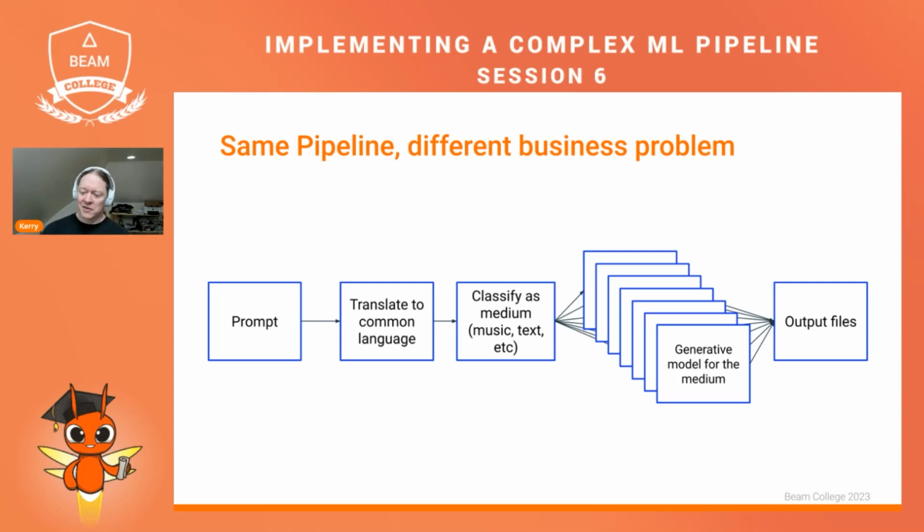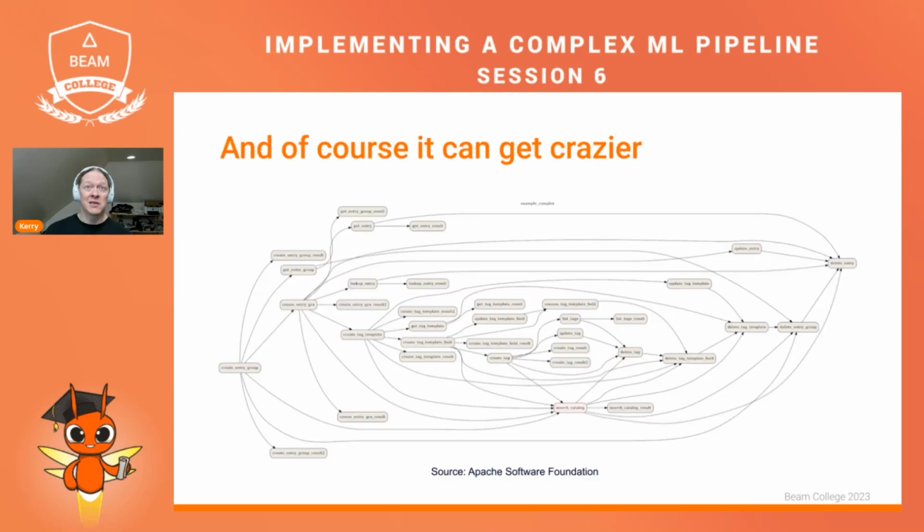Now, these are all examples that have the same topology. But a beautiful thing about Beam is that you can represent any directed acyclic graph of operations and run it in Beam. So you could run something much more complex. And what these ML functions allow you to do is take a graph like this that has deep complexity and add machine learning inference to any arbitrary node.